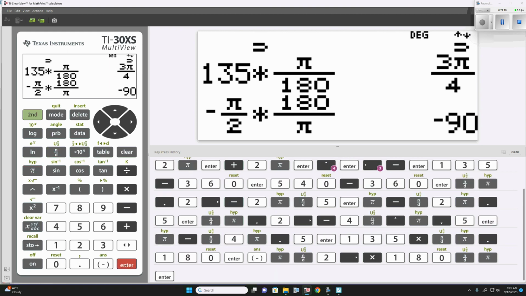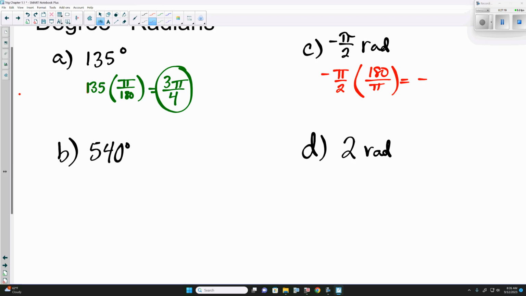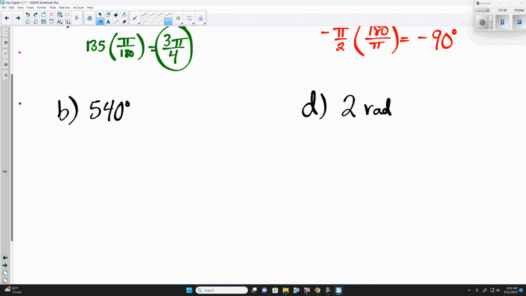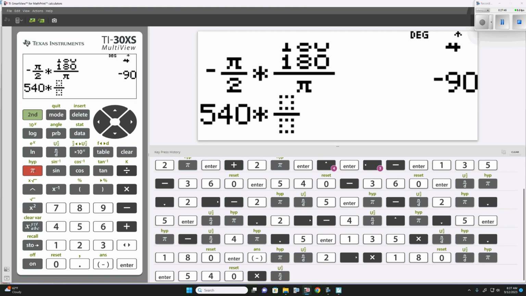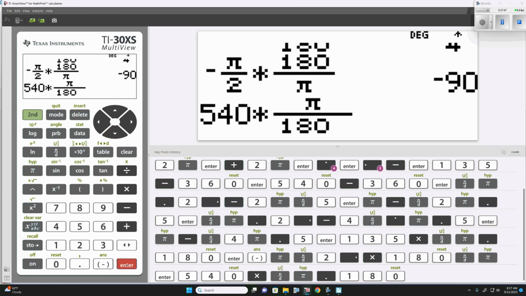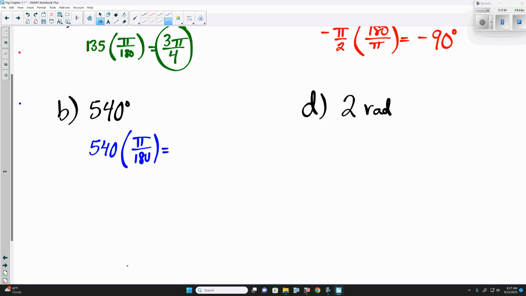Which gives us 540. So 540 degrees, if we're converting it to radians, we do pi over 180. And I believe this is 3 pi. It is indeed 3 pi.